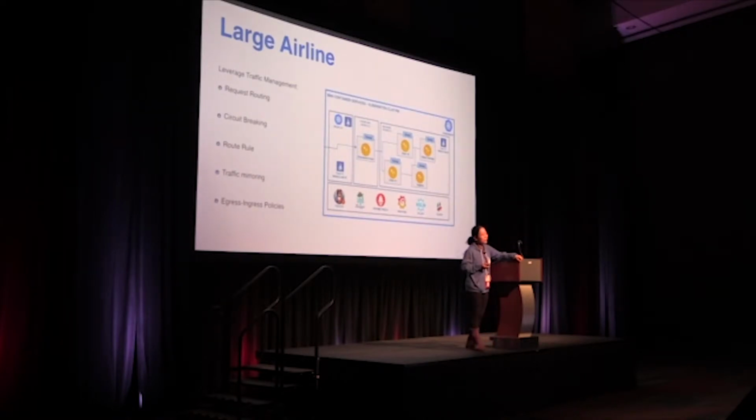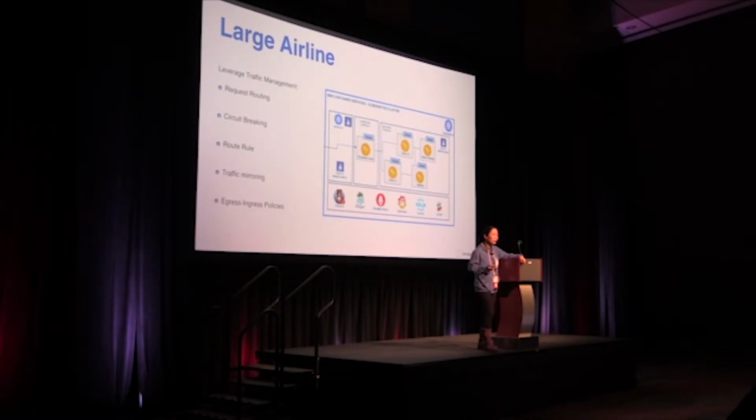Another company we're working with is a large airline company. They are deploying a Kubernetes cluster on our IBM Cloud, and they're looking at Istio to leverage traffic management to do request routing.